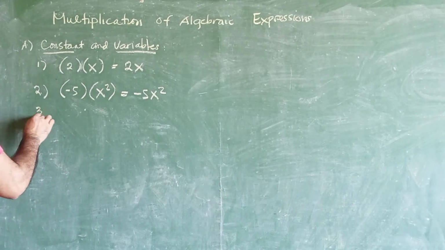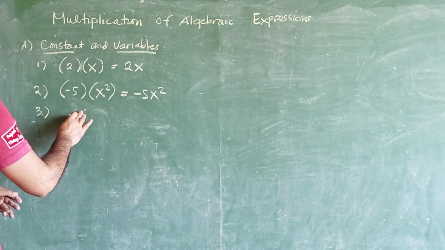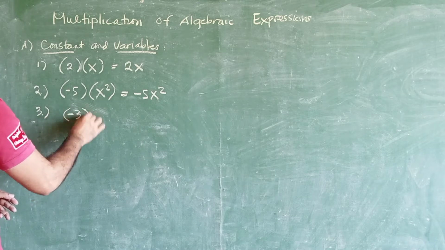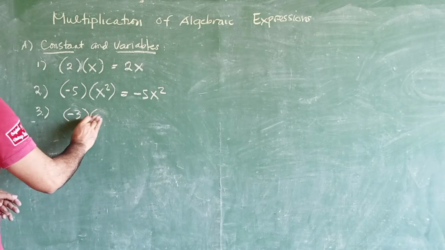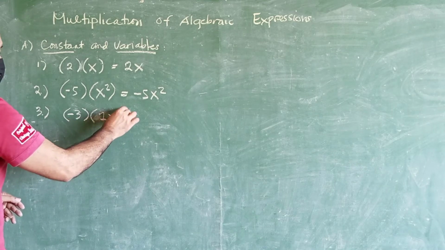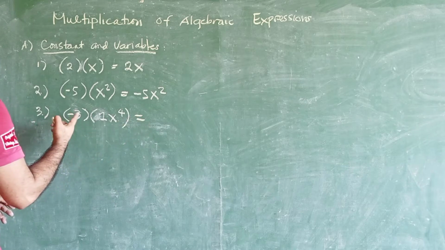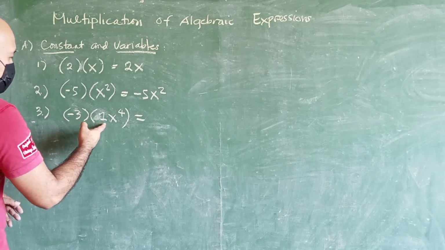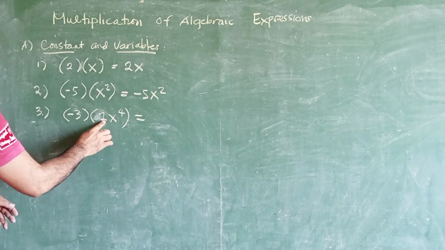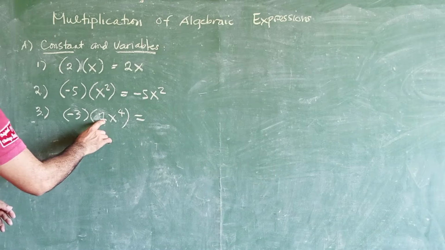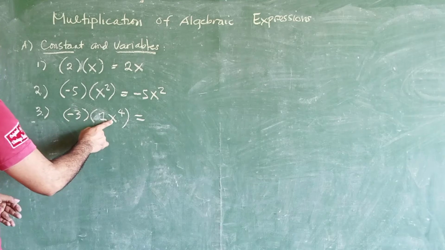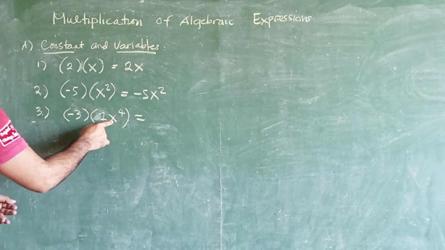The last one we have is negative 3 times 2x raised to the power of 4, for example. The first one is an integer and the second one is 2x raised to the power of 4, which has a numerical coefficient of positive 2. All you have to do is multiply the numbers and bring down the variable together with its exponent.